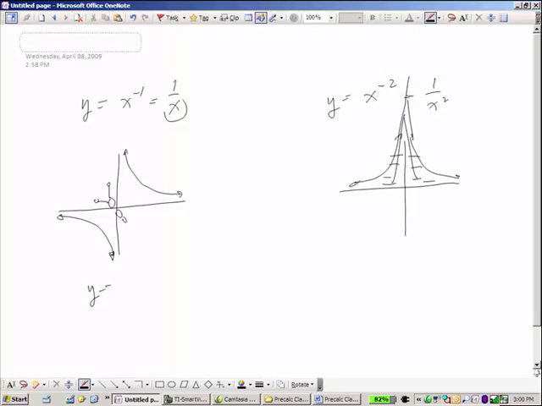But if you look at x to the negative 3, that actually is very similar to x to the negative 1. And if you look at x to the negative 4, that's very similar to the x squared. So there's sort of a family of butterflies and a family of Eiffel Towers. How do you get 1 and 4?